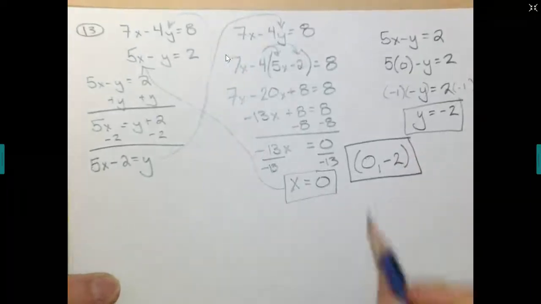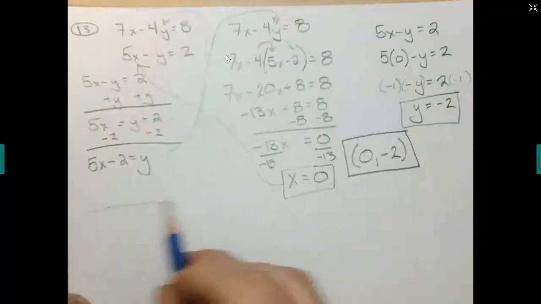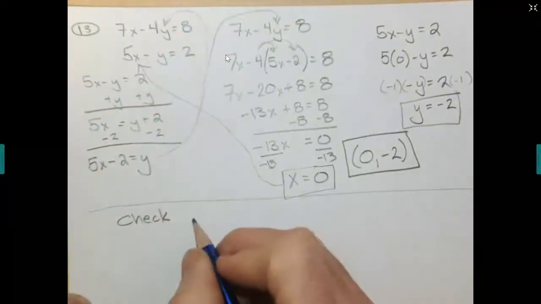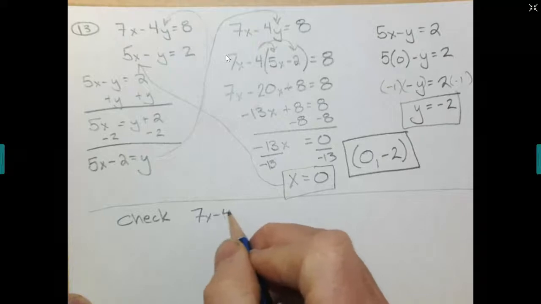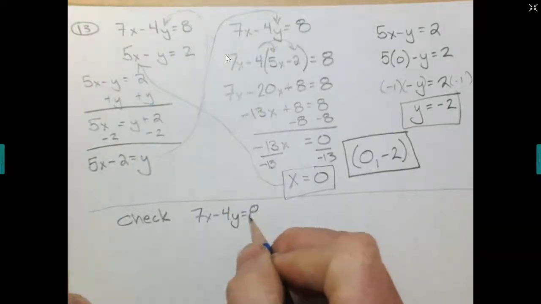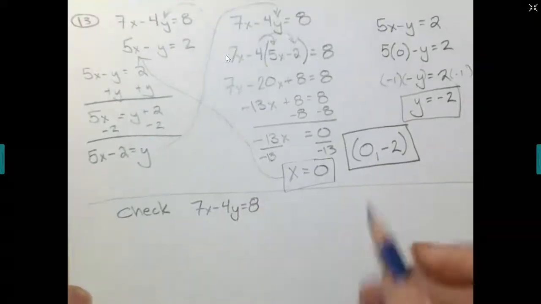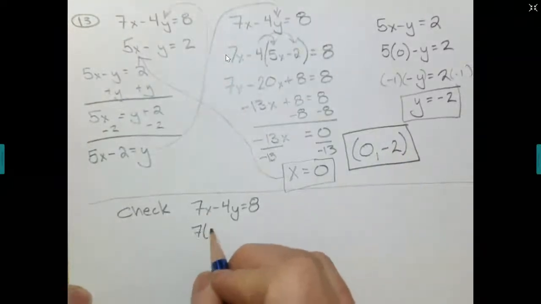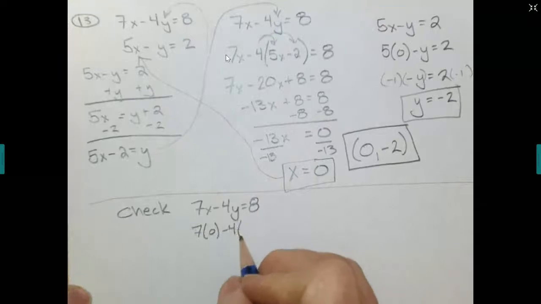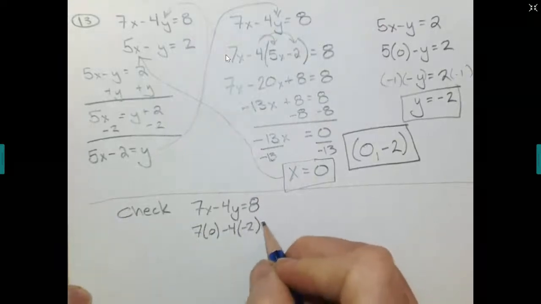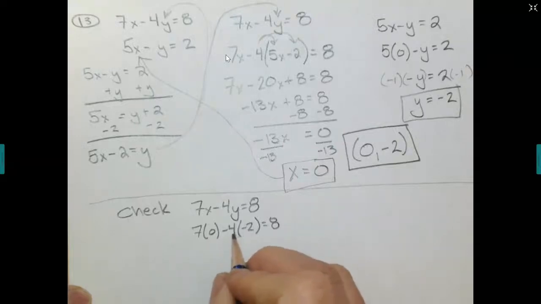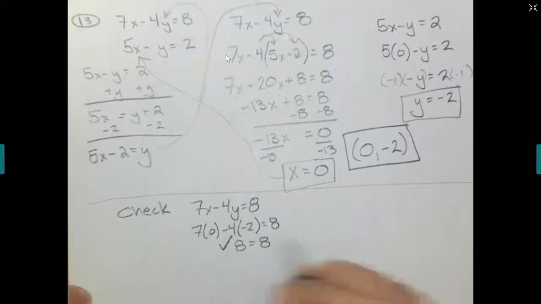So now I plug those in. So let's check. So I have 7x minus 4y equals 8. So I'll plug in my 0, negative 2. So I've got 7 times 0 minus 4 times negative 2 equals 8. So that's 0. Negative 4 times negative 2 is 8. 8 equals 8.